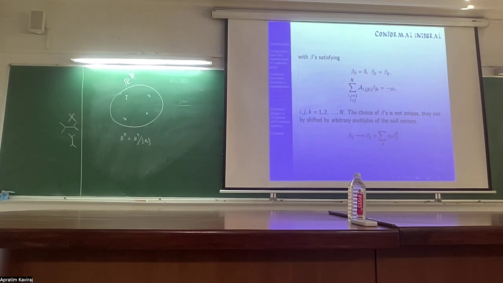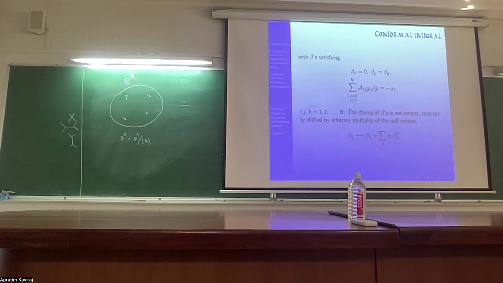Now you see, I had n number of mu's, but I have n choose 2 number of betas. I will not be able to solve this uniquely, but you can prove as a theorem that this choice of betas is not unique. Also, A has a null vector, so if I add a piece like this, it doesn't change this relation.